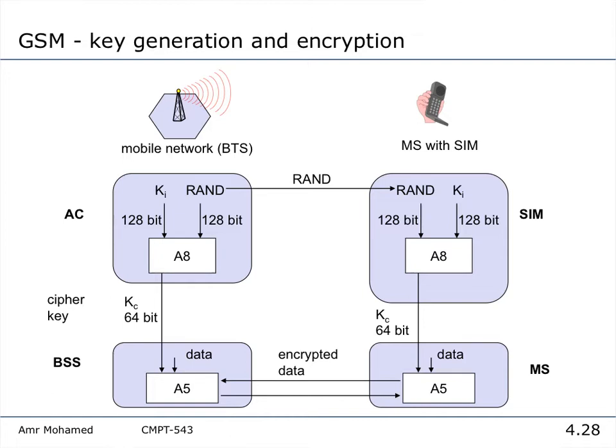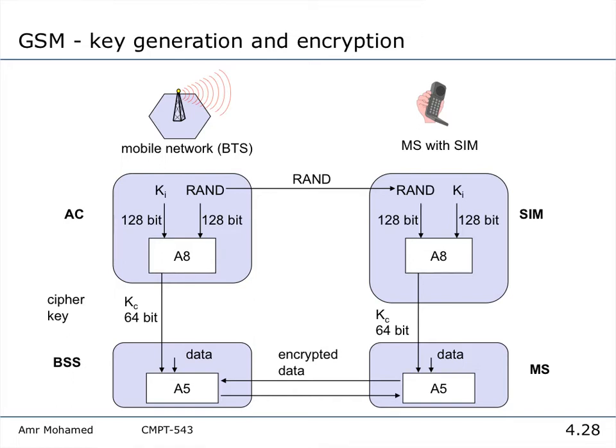This is not like a public-private type of key. It's the same key on both sides. But to generate this key, you apply A8, algorithm number 8, to the individual key that's maintained on the access control system and the SIM card.